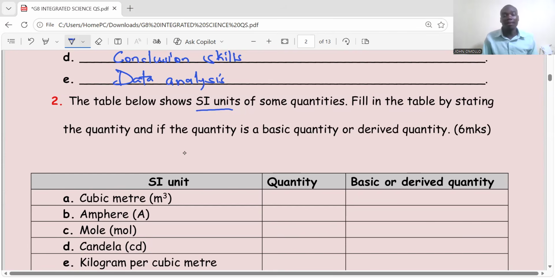So that is where SI units originated from. Fill in the table by stating the quantity, and if the quantity is a basic quantity or derived quantity.